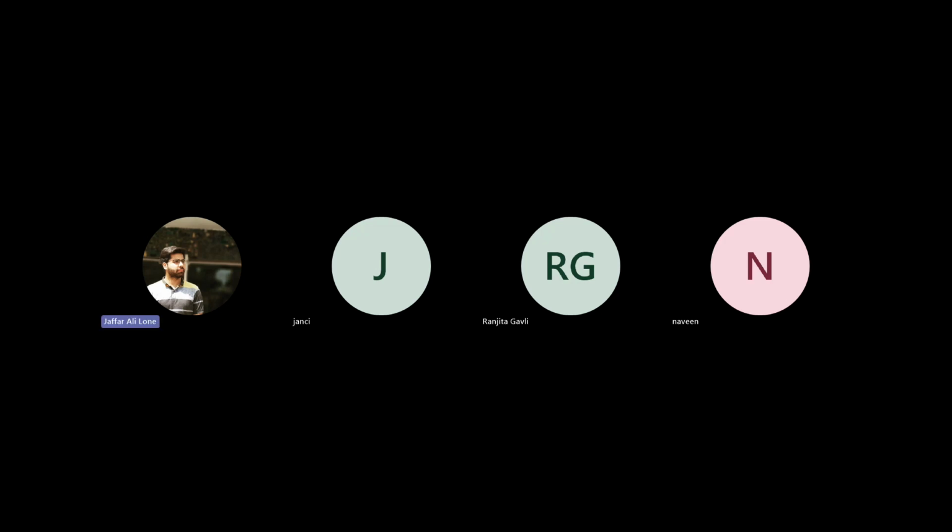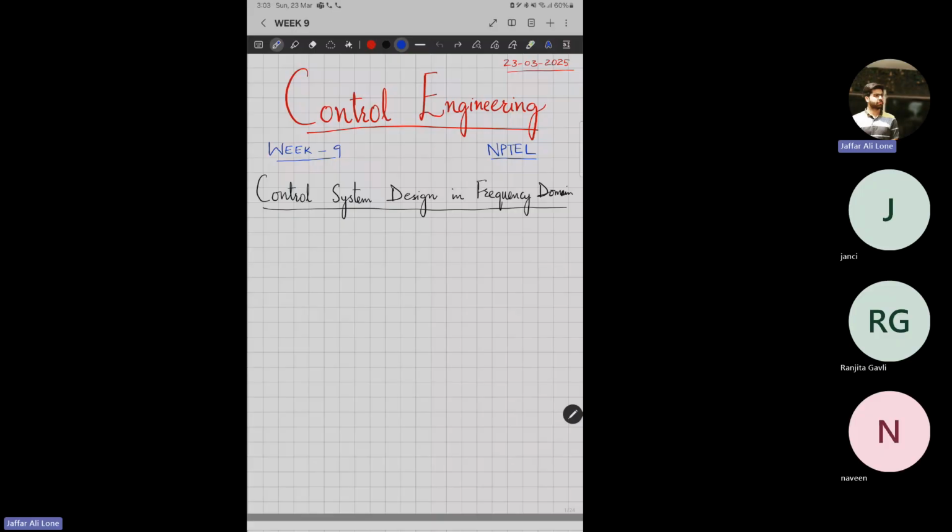So before we begin, let's revise gain margin and phase margin, gain crossover frequency and phase crossover frequency, so that it will be easier for you to understand the rest. So let's start with gain crossover frequency.